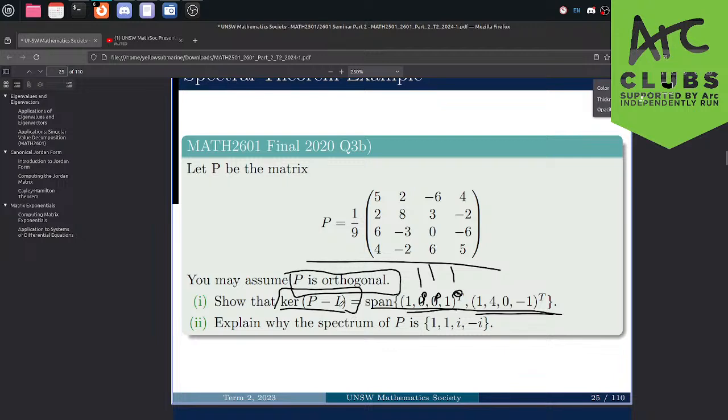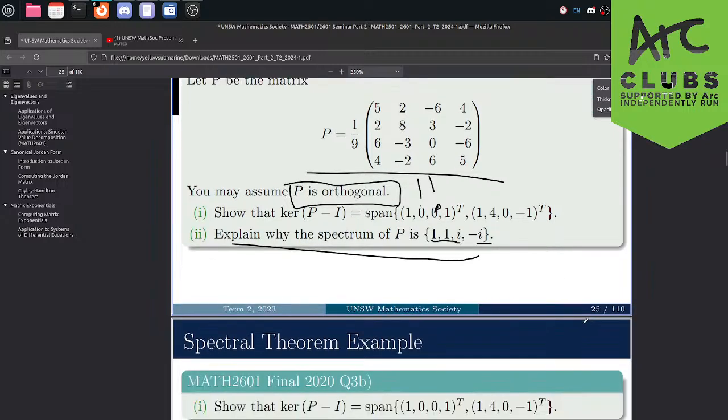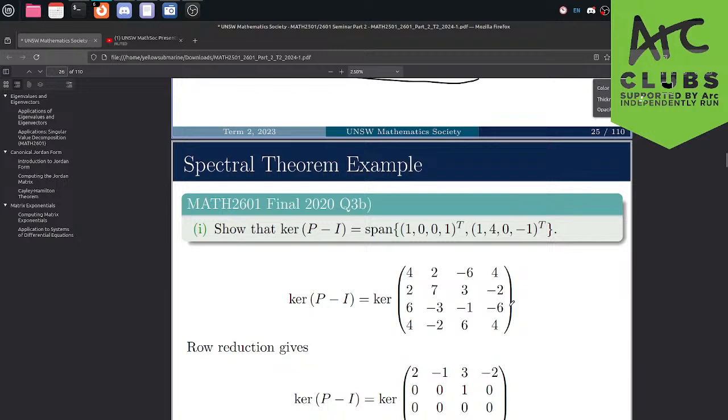You want to show that this kernel is spanned by these eigenvectors, and it also wants you to explain why the spectrum of P is 1, 1, i, and negative i. Notice also that all of these have magnitude 1. I wonder if that's important in any way.